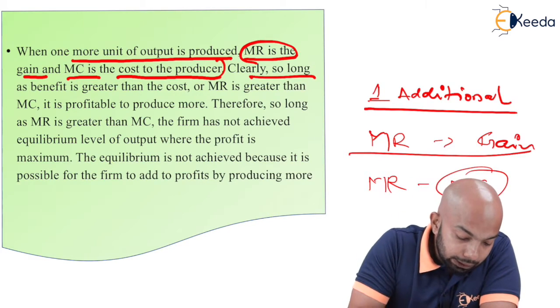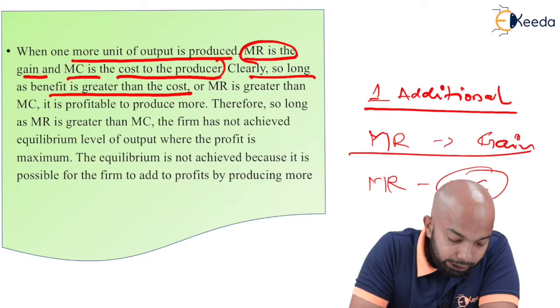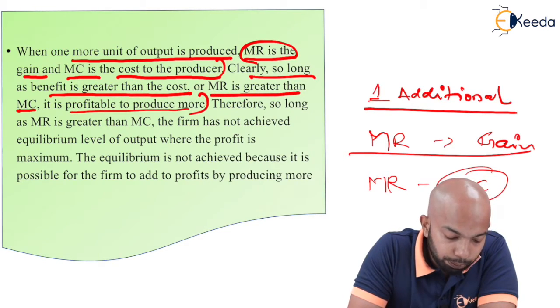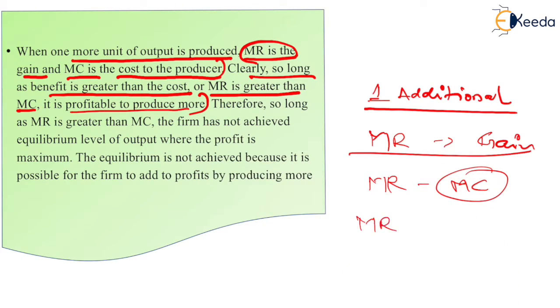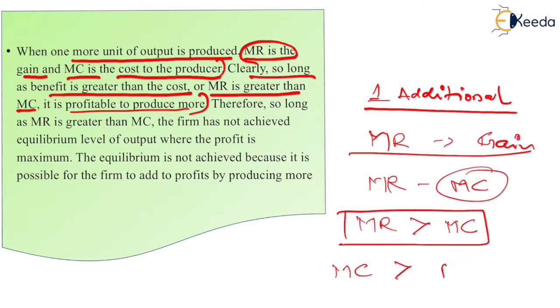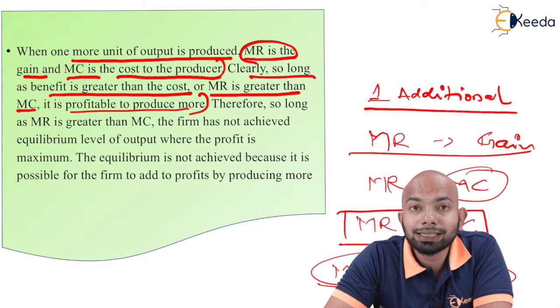Hence, clearly, so long as benefit is greater than cost, or marginal revenue is greater than marginal cost, it is profitable for the producer to produce more. In all these scenarios, producers can keep on producing the products. The moment marginal cost becomes greater than marginal revenue, that's when the producer should stop producing these goods.